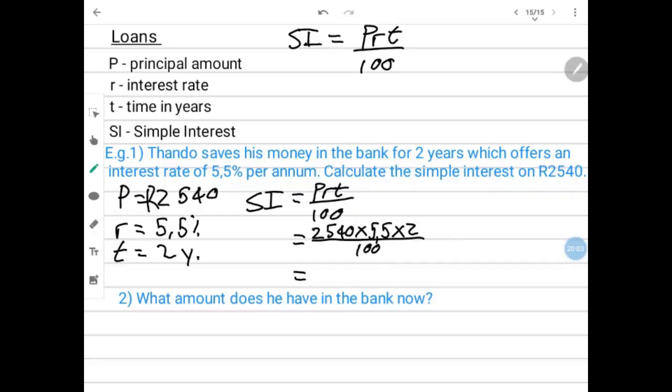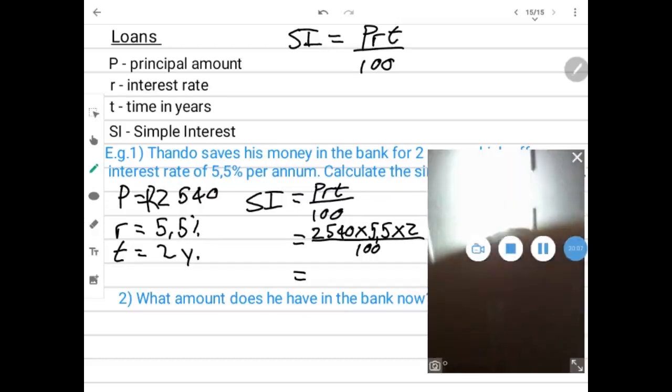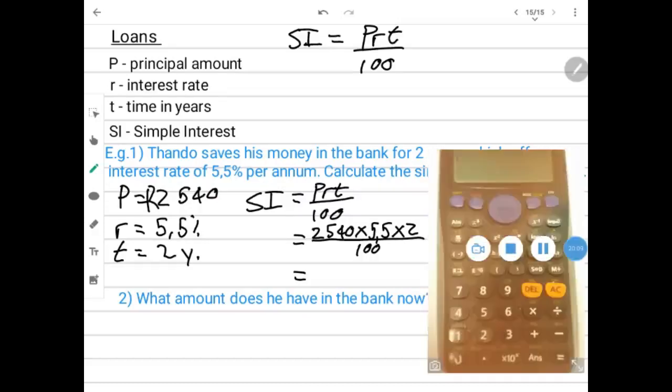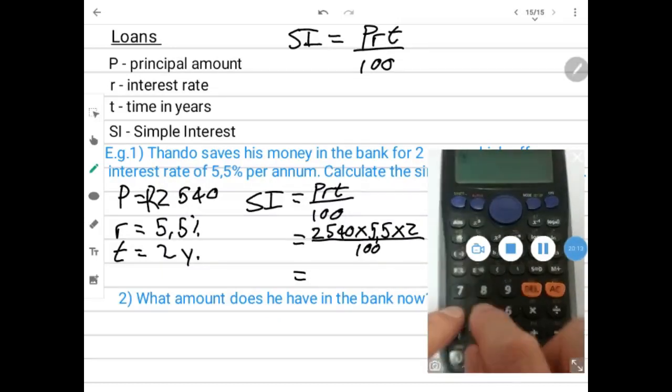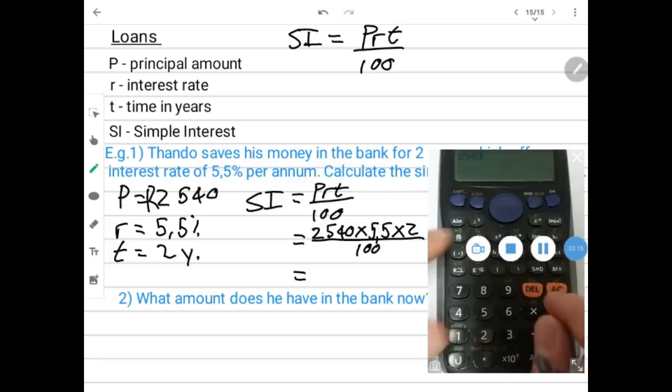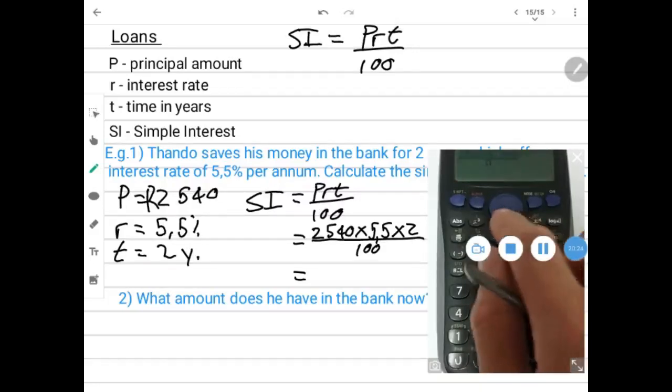So you type this into your calculator, then let's see what we get. We have 2,540 multiplied by 5.5 multiplied by 2, and it's divided by 100.